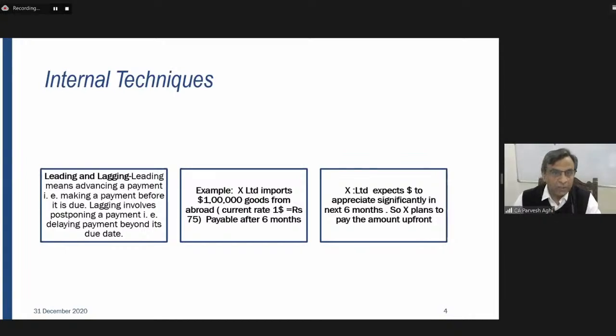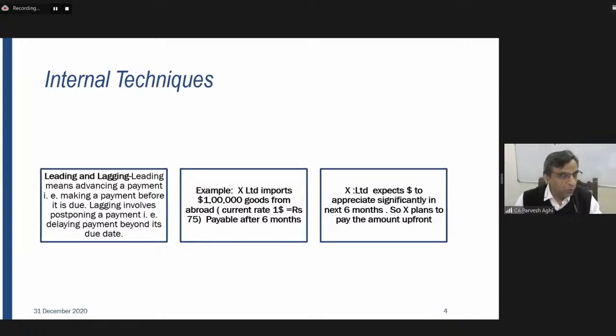But if X Limited expects the dollar to appreciate significantly in the next 6 months, because of the analysis, because of the forecasting techniques, because of some international events which are going to happen, X plans to pay the amount upfront. So X will say, okay, I'm ready to pay it now instead of paying after 6 months.